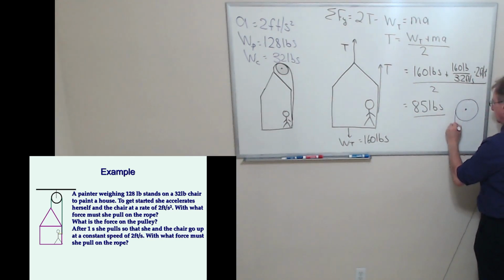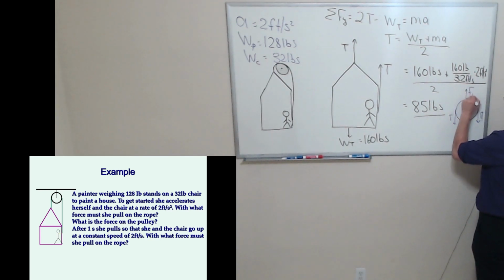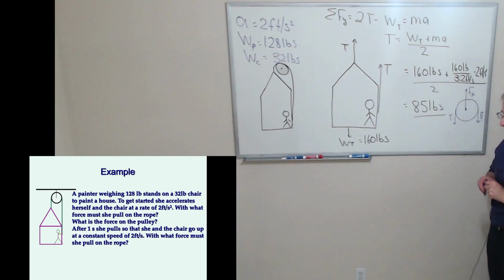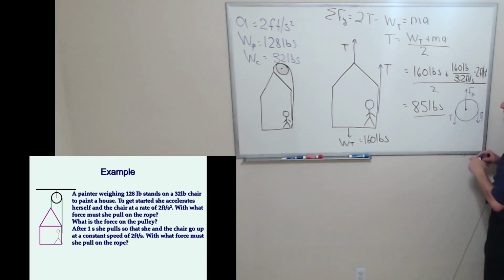There is a tension here downward, another tension here downward. They're both 85 pounds, and then there's the force of the pulley upward. That force upward is the sum of these two, which is 85 plus 85, which is 170. Okay, so that force is 170 pounds.